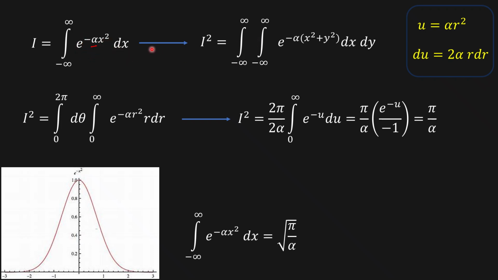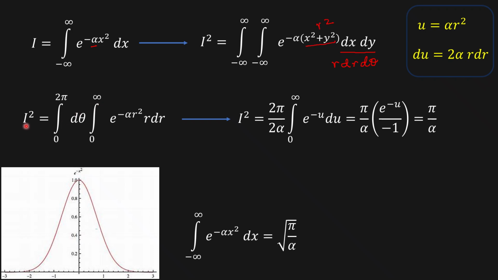So we are going to square it, and we are changing the variables so that x squared plus y squared, as we have done previously. So this double integral e power minus alpha multiplied by x squared plus y squared dx dy. This dx dy can be written in r theta form as r dr d theta, as done earlier, and this is r squared.